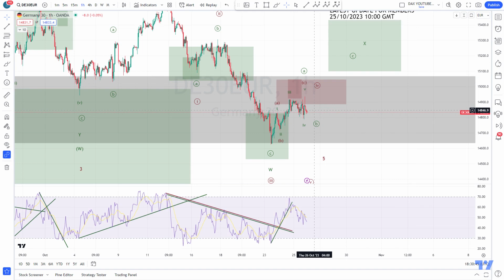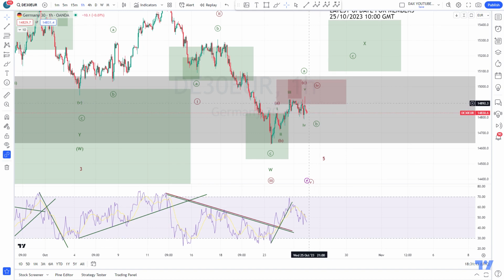The indices also do not really look in sync. The Nasdaq took out this low here, for instance, the October 23 low, but the other indices are not really reacting to this or following the Nasdaq. So there is still quite some separation here between the low and our current price level.